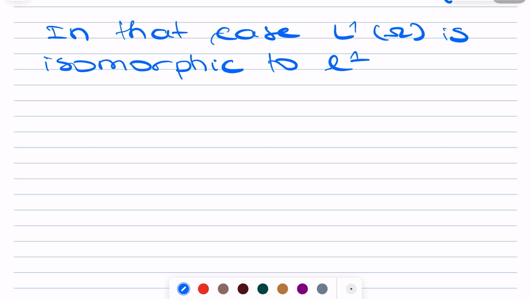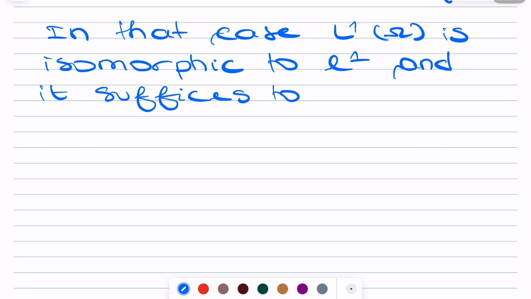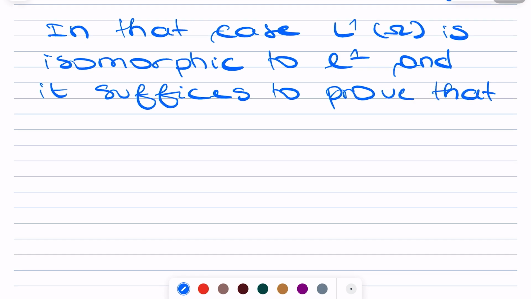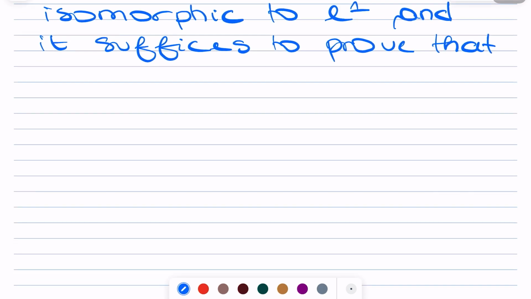And in order to show that L1 is not reflexive, it suffices to prove that small l1, of course, is not reflexive.